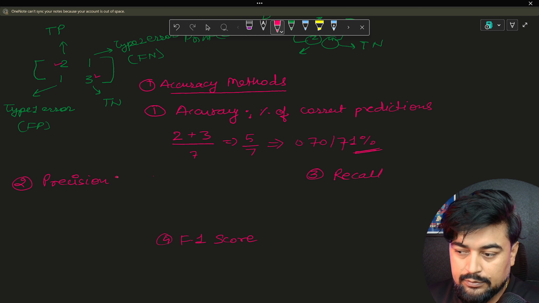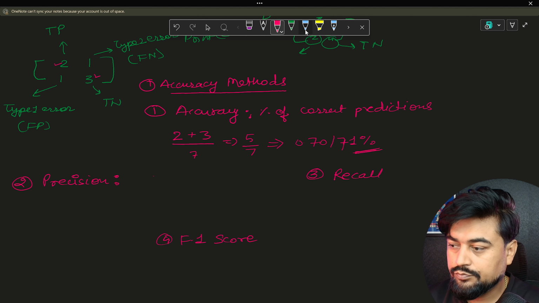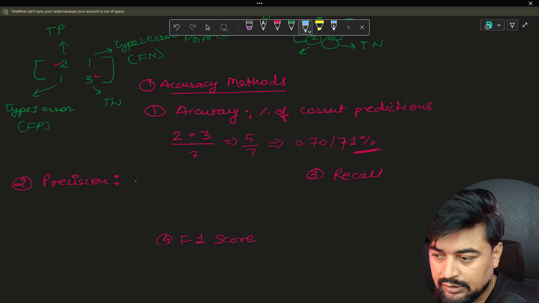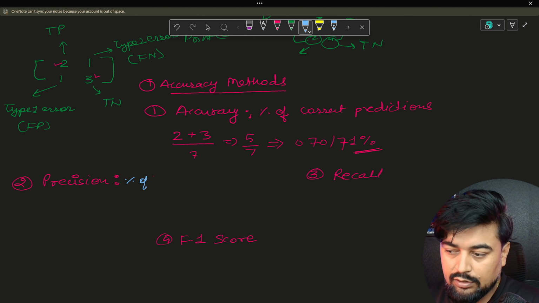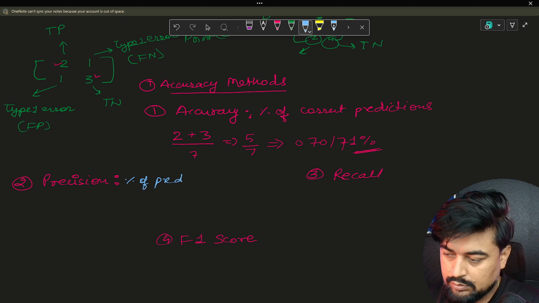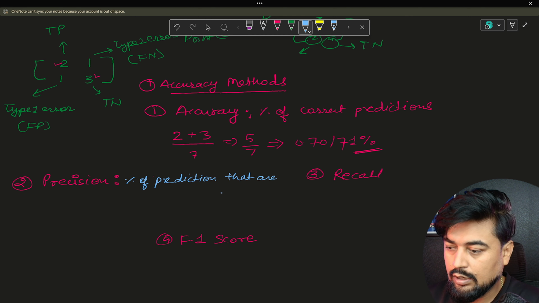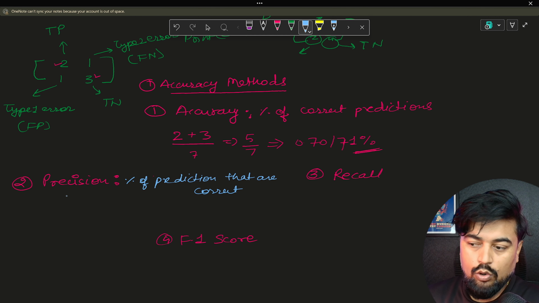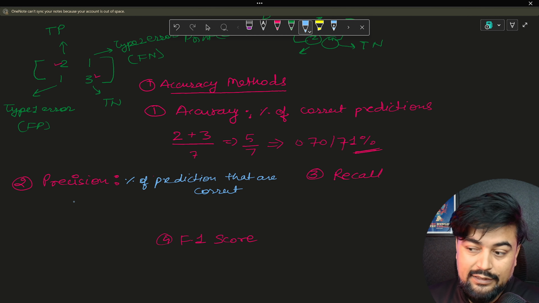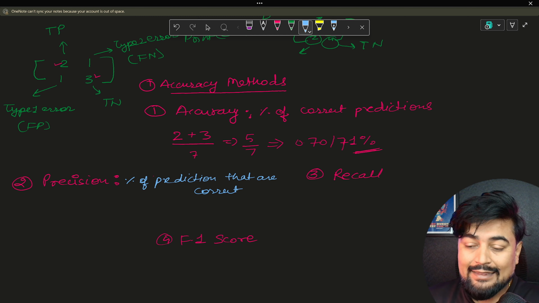Then comes the precision. What does precision say? Percentage of predictions that are correct. Now we will do this for positive cases. Okay, so precision, percentage of predictions that are correct.